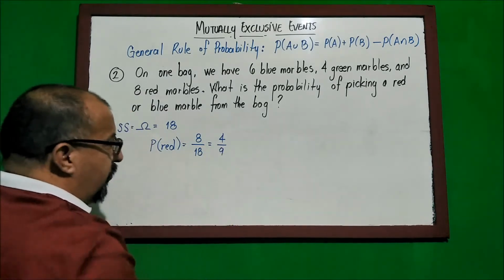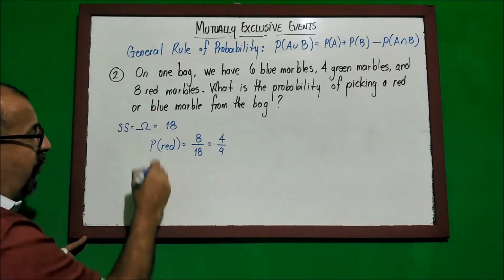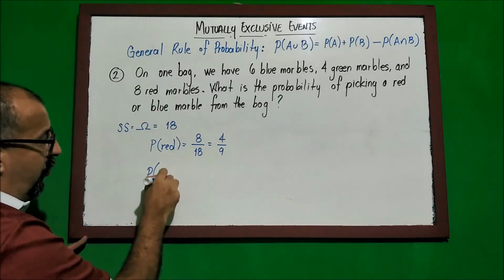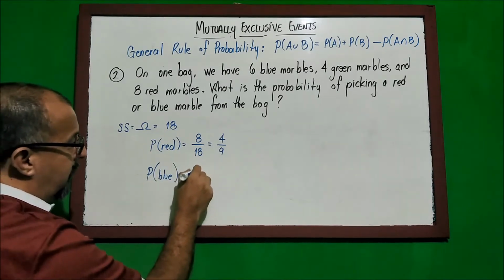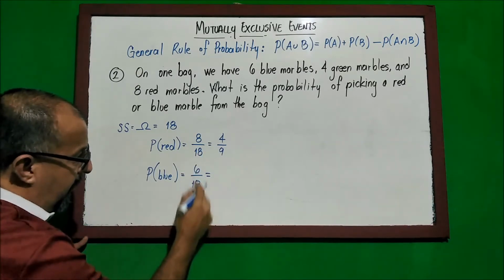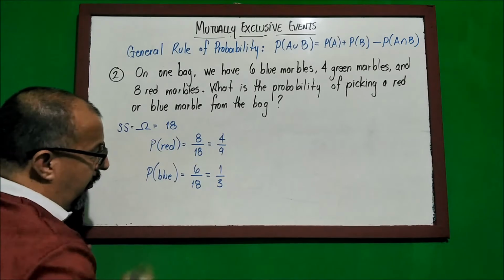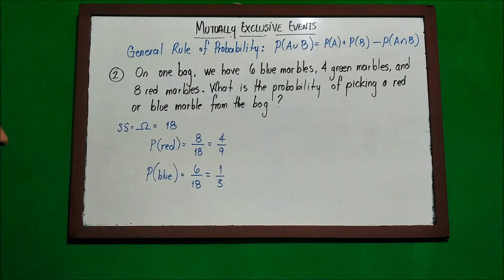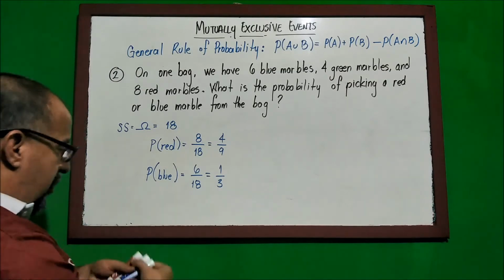So we write it in simplest form. Then we're going to have the probability of picking a blue marble. So the probability of having a blue marble will be 6 out of 18. And if we simplify this fraction, we're going to have 1/3, or 1 over 3.